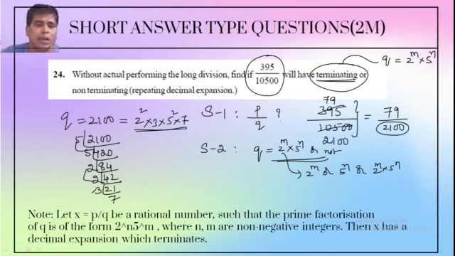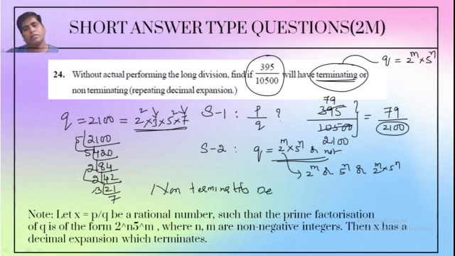We have extra prime factors here: 3 is other than 2 and 5, and 7 is also other than 2 and 5. So q cannot be written in the form of 2 power m into 5 power n. So this is a non-terminating repeating decimal.